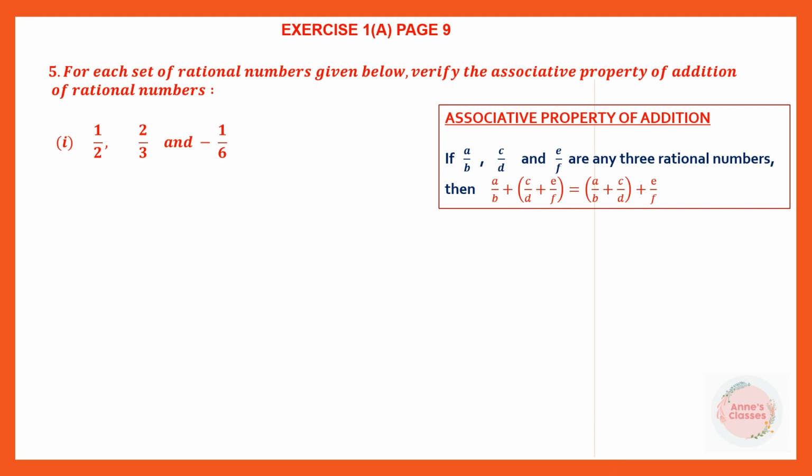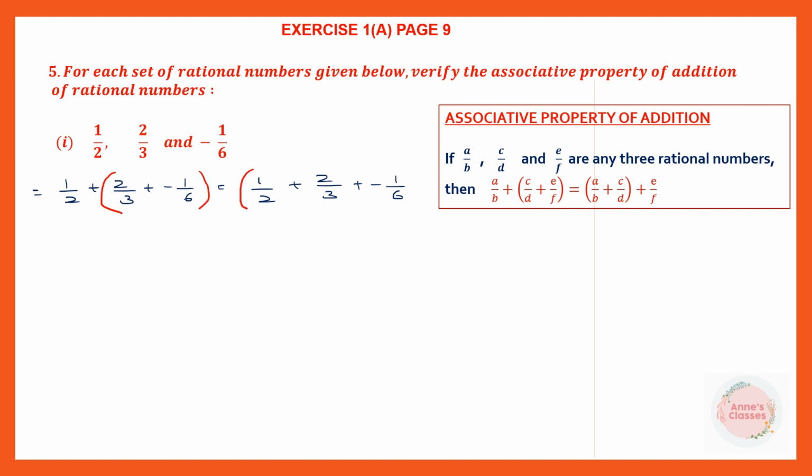So let's write that. This will be 1 by 2 plus 2 by 3 plus minus 1 by 6. This is equal to, again write the same 3, 1 by 2 plus 2 by 3 plus minus 1 by 6. Now we're going to show the groups. Here let's take the second and the third and make it one group.